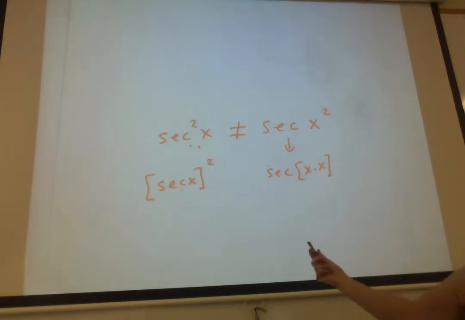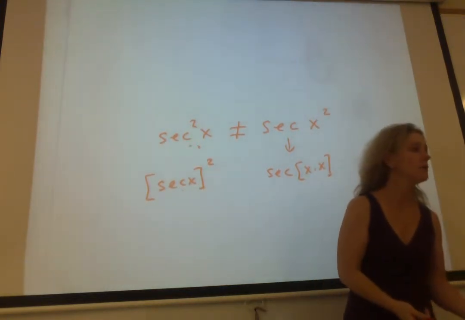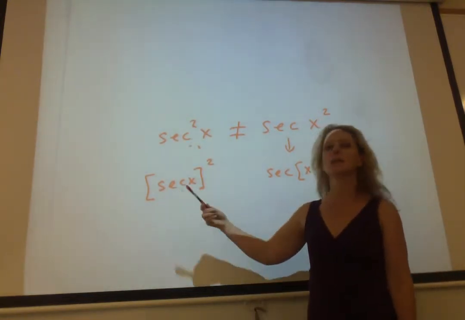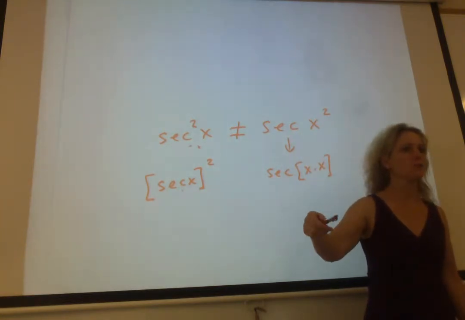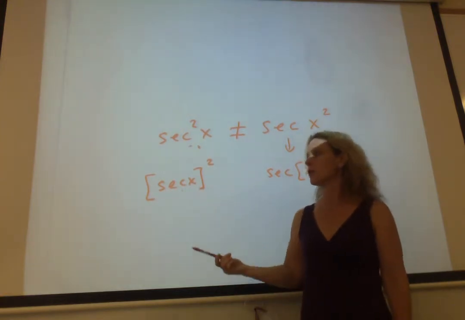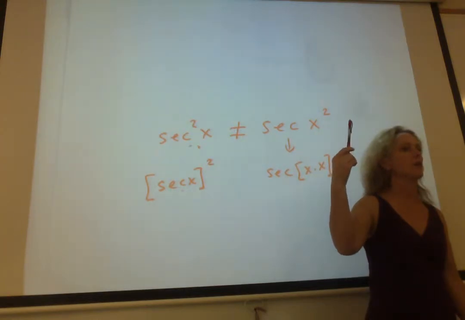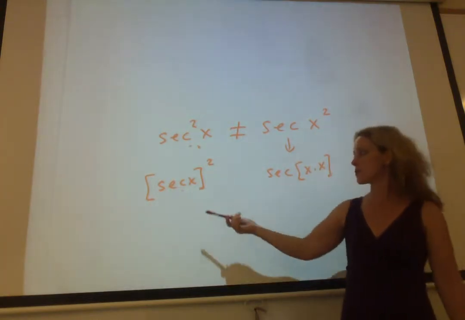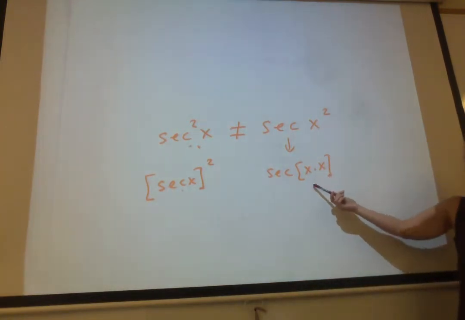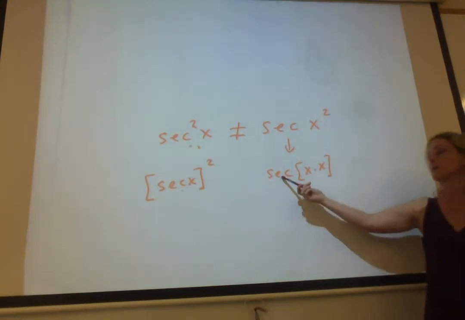So operationally, this one is saying, for example, if I put in 0, what's secant at 0? Well, secant is 1 over cosine, correct? Cosine at 0 is 1, okay? So this is going to be 1 squared. Over here, it's saying this would be 0 times 0, which is 0, and then I would take the secant.